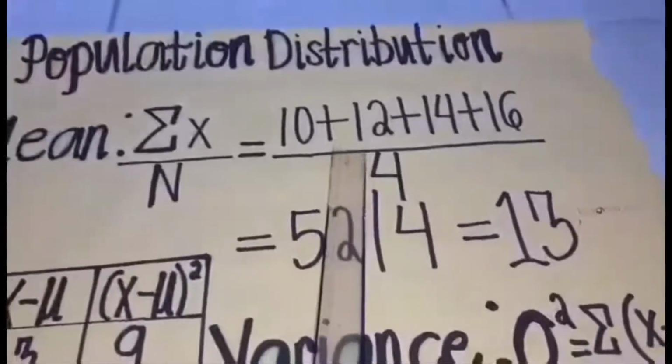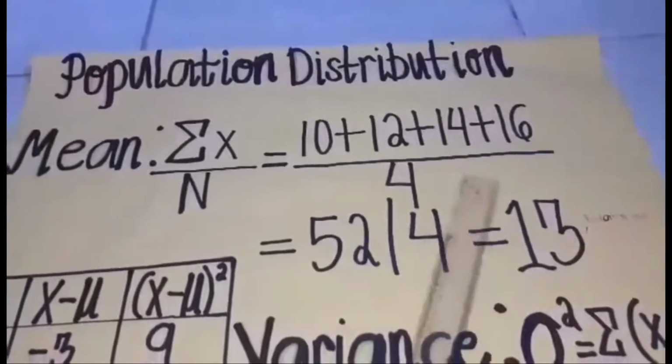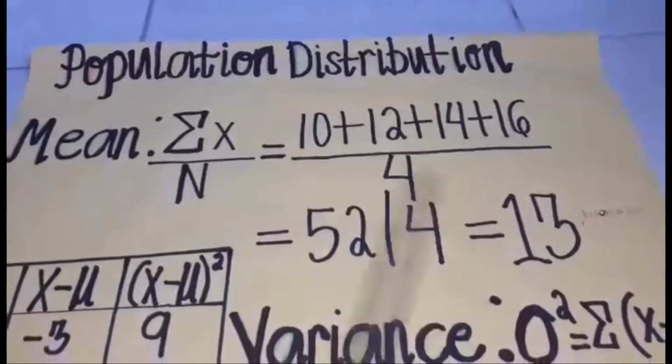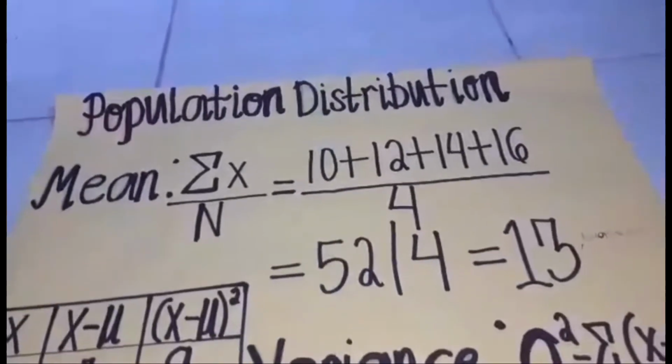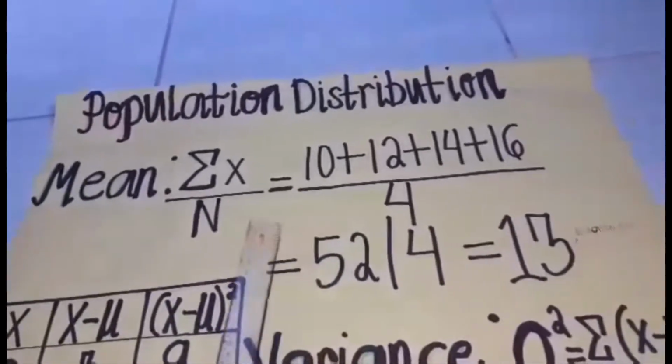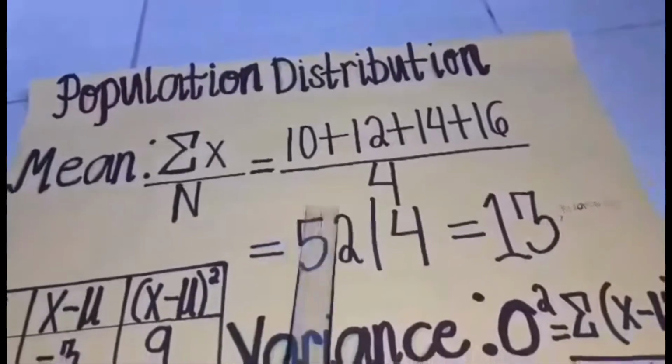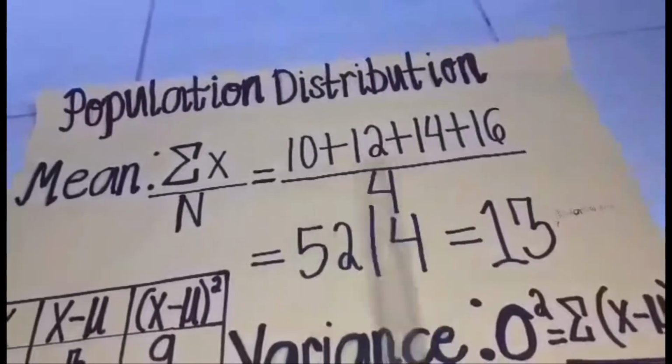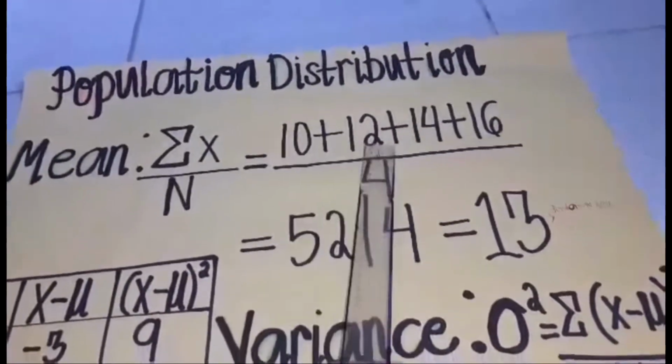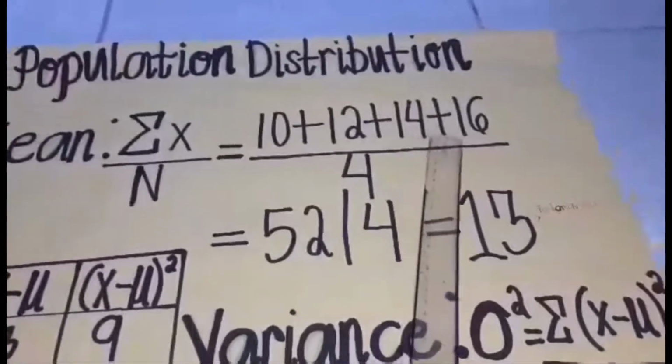So, 'di ba, may nakikita kayo ditong plus sign, and don't you worry, dahil madali lang naman ito kung paano kukunin itong mean ng population distribution. So, next, we're going to add lang ito, nakikita n'yo 'to, 10 plus 12 plus 14 plus 16.